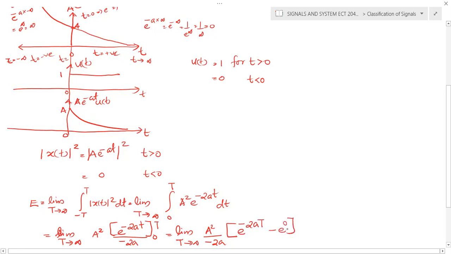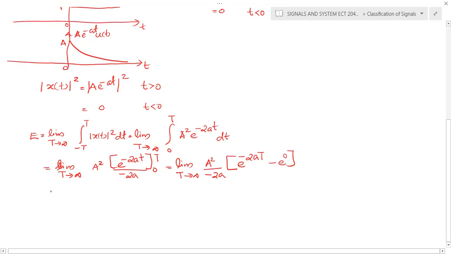And e raised to 0 is equal to 1. So you can write limit T tending to infinity, a square by minus 2a into e raised to minus 2aT, minus limit T tending to infinity, a square by minus 2a into e raised to 0, which is equal to 1.